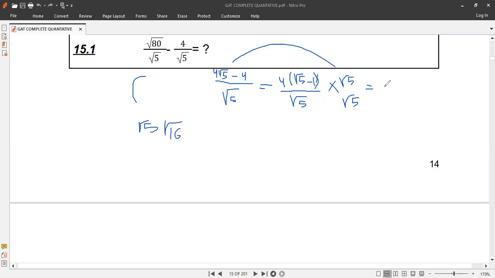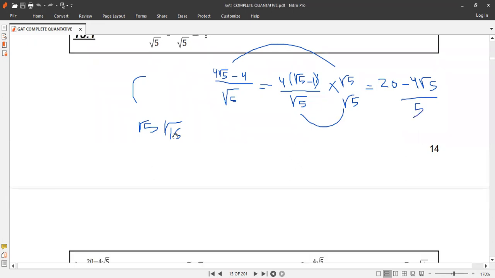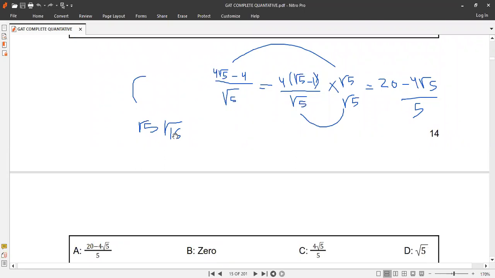So 5 multiplied by 4 is 20 minus root of 5 by 4 is 4 root of 5, and down root of 5 times root of 5. You know, if you multiply root of x by root of x equals x, so the answer is 5. Now I compare to the choices. So it is A.